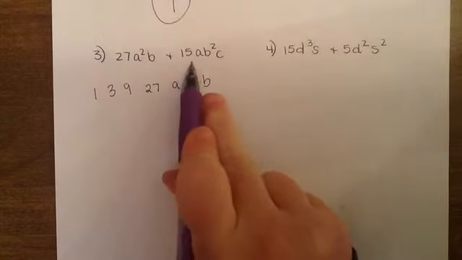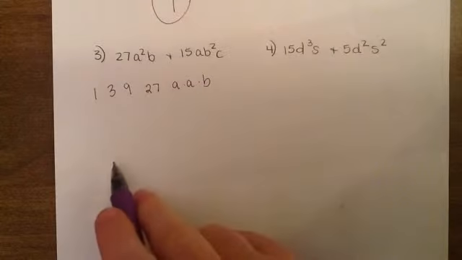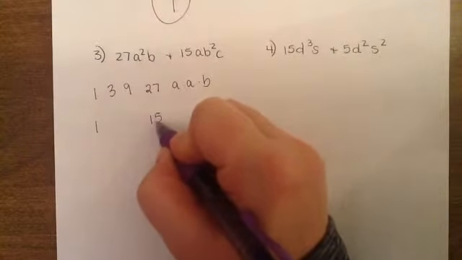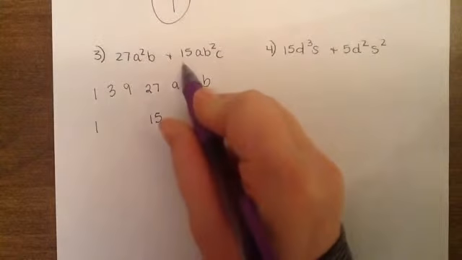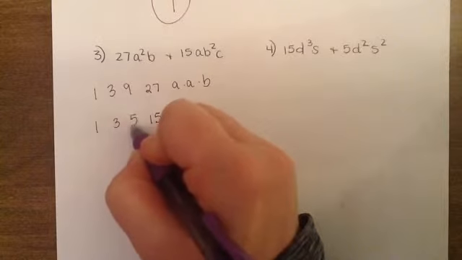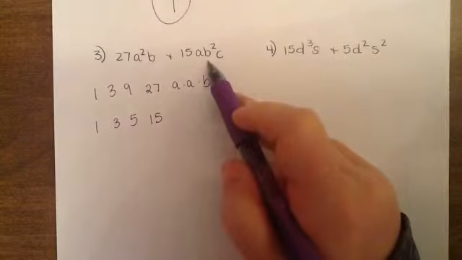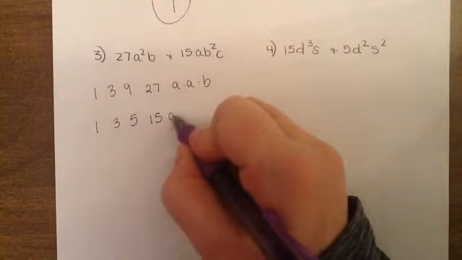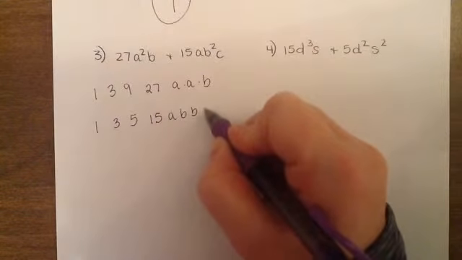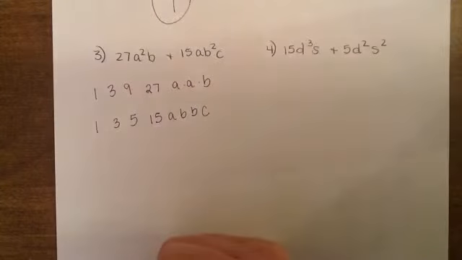Now let's do the same thing for 15ab squared. We have 1 and 15. Can we divide 15 by anything else? 3 and 5. And let's list out its variables. A, and how many b's are there? 2. And what else? A c.